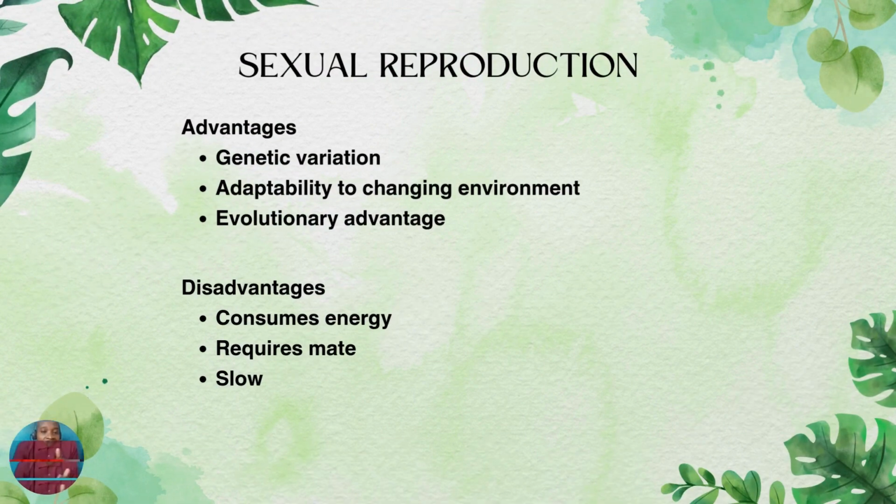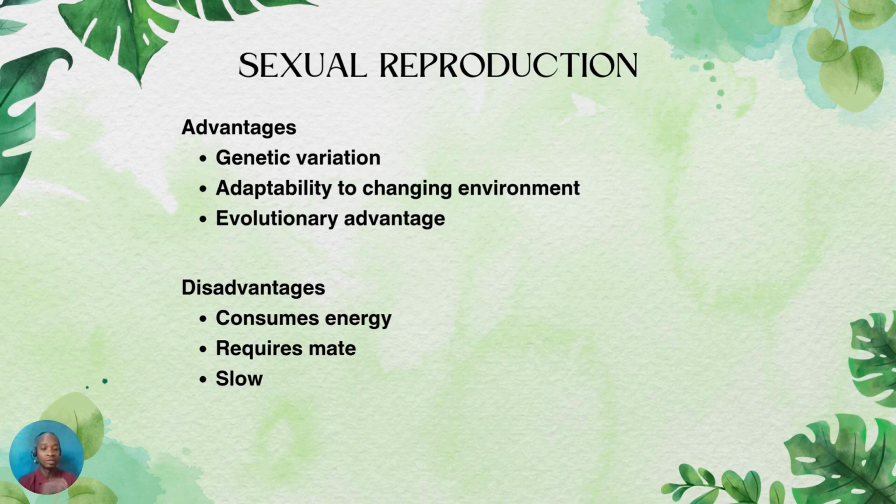Now, let's look at sexual reproduction, the advantages and disadvantages. First of all, on the advantage side, they have genetic variation because of the crossing over, or what we call gamete formation in the process of meiosis.